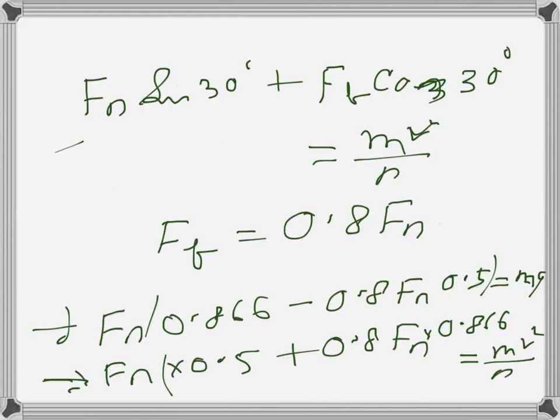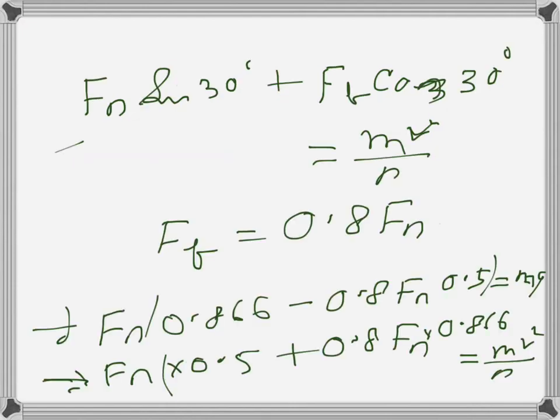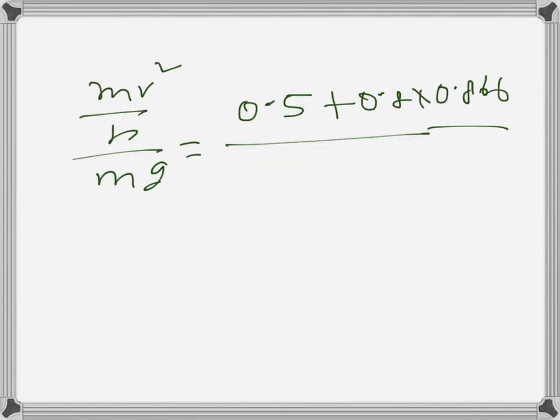So mv squared over r over mg equals 0.5 plus 0.8 into 0.866 in the numerator, and in the denominator 0.866 minus 0.5 times 0.8.